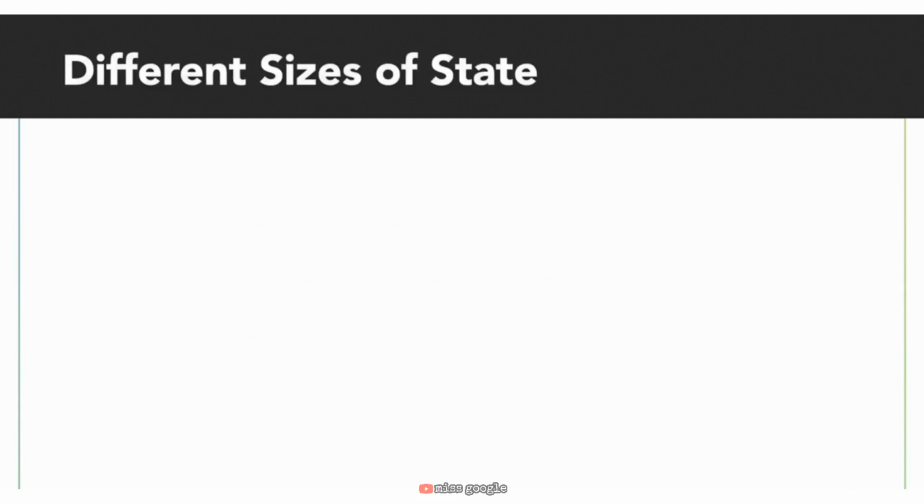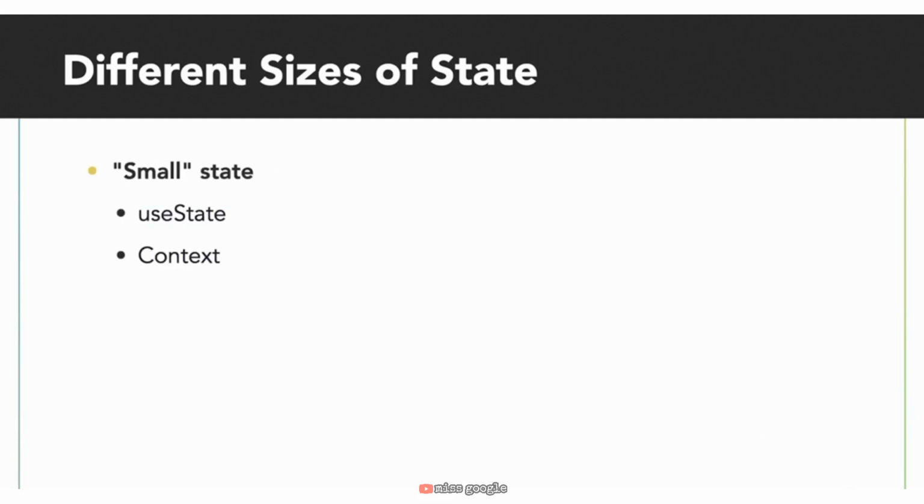But before we move on to that, let's talk about something that I refer to as different sizes of state. Basically, this idea is related to what I just mentioned, and it refers to the fact that our different state management tools work on different scales in our application. So on one side of the spectrum, we have what I refer to as small state.